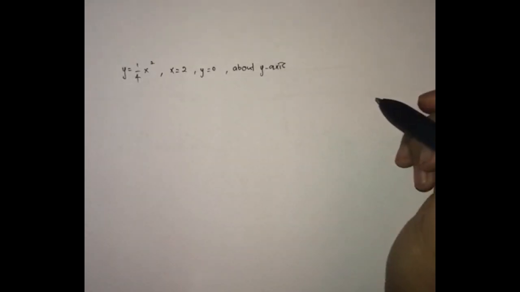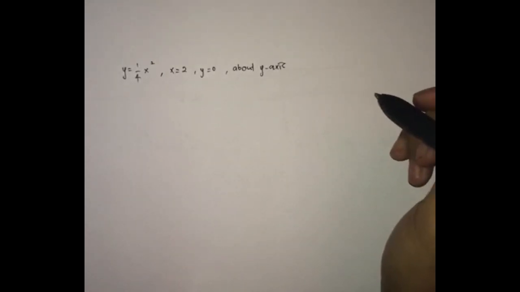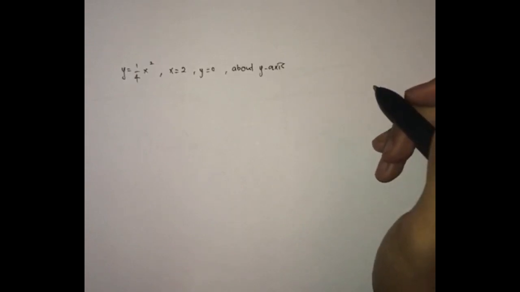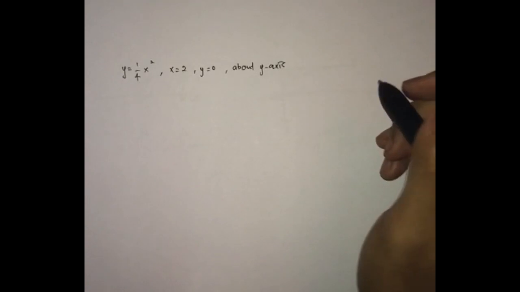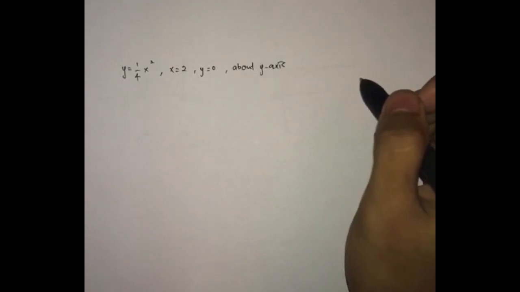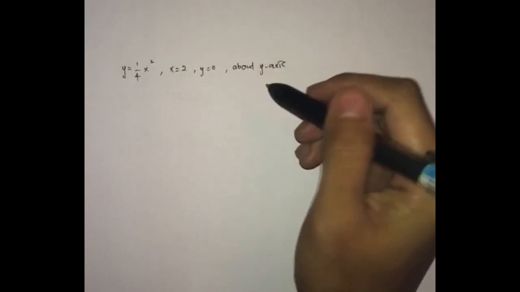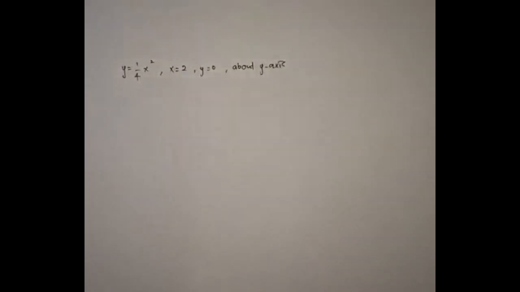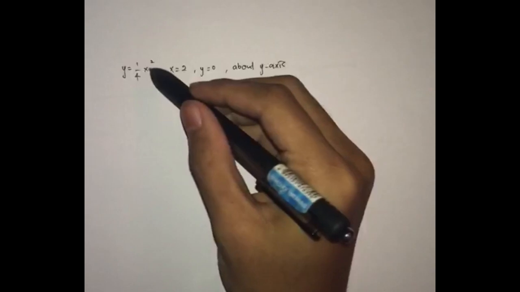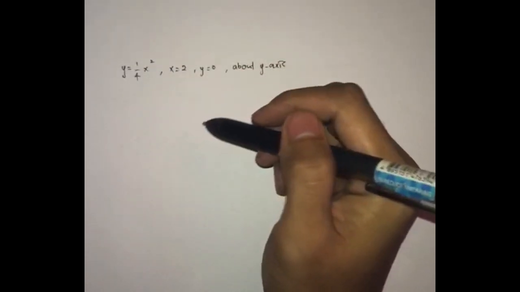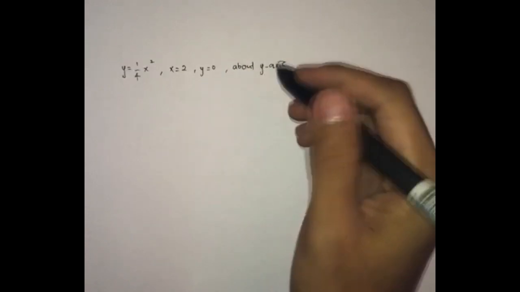So now let us try with a question. The question gives us the equation of a curve y equal to 1 over 4 x squared and points x and y, and it's about the y-axis. So we know that this curve is going to revolve around the y-axis.